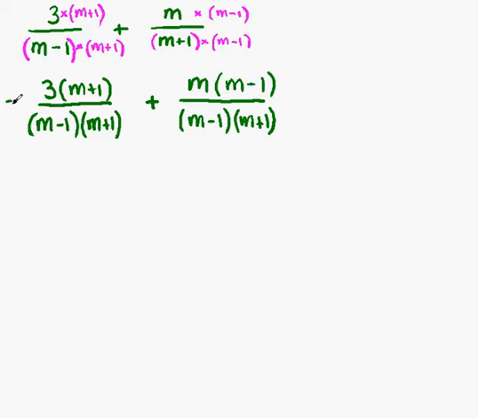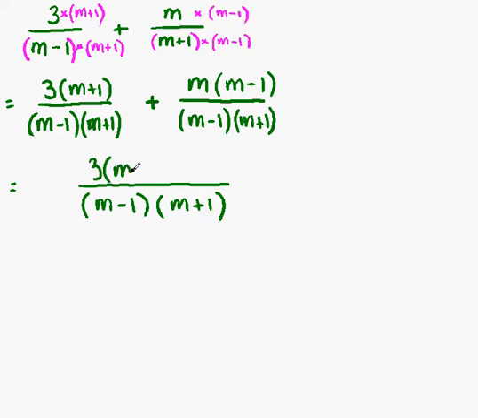Now we have two fractions with the same denominator, so we can write that as a single fraction. So we have m minus 1 times m plus 1 on the bottom. 3 times m plus 1 was the first thing, and we are adding m times m minus 1.